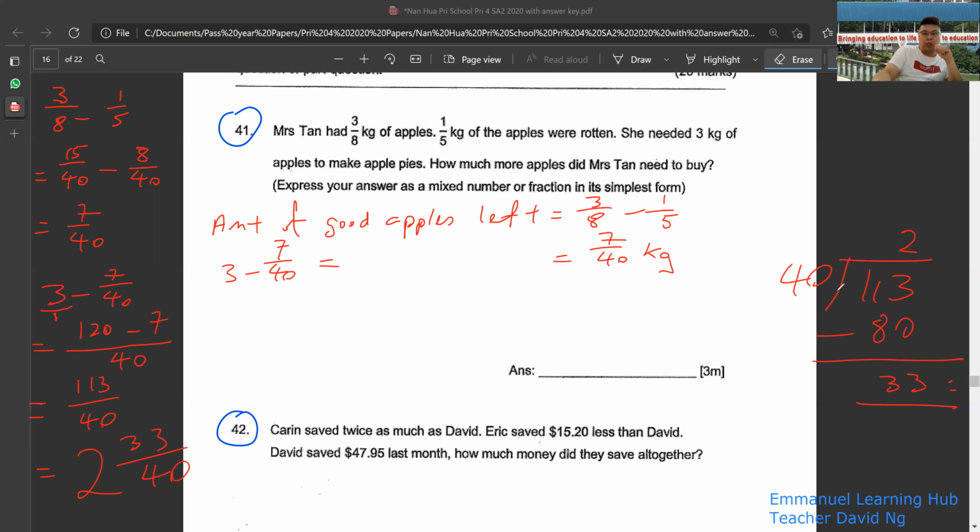113 divided by 40 is 2. 2 times 40 is 80. 113 minus 80 is 33. So remainder is 33. Understand? Yes. Okay. Your remainder has to be less than the divisor. So once you see the remainder less than divisor, that's the remainder.